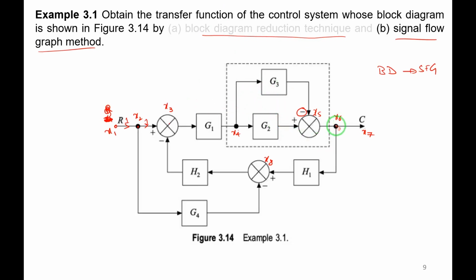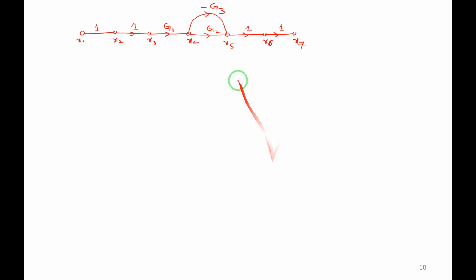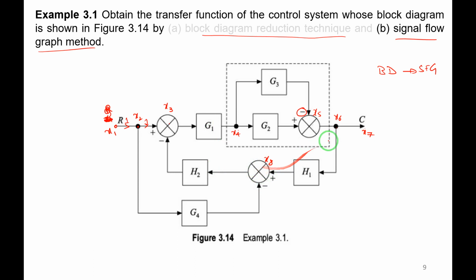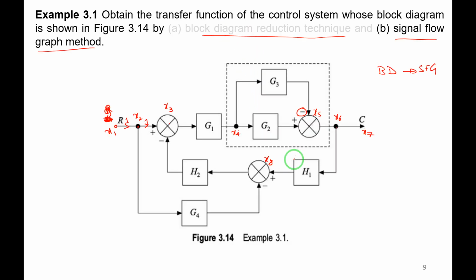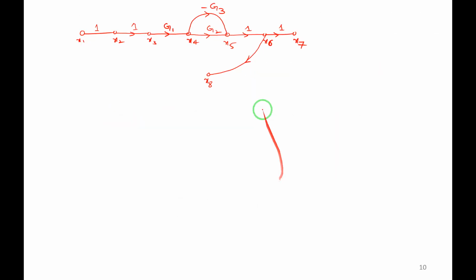Next, I have to indicate X8 here. X8 is in between 4 to 5, so I will write X8 here somewhere. I have to take care of all the nodes. So X6 to X8, the gain is H1, sign is plus, plus H1. Observe the arrow mark, 6 to 8, plus H1.